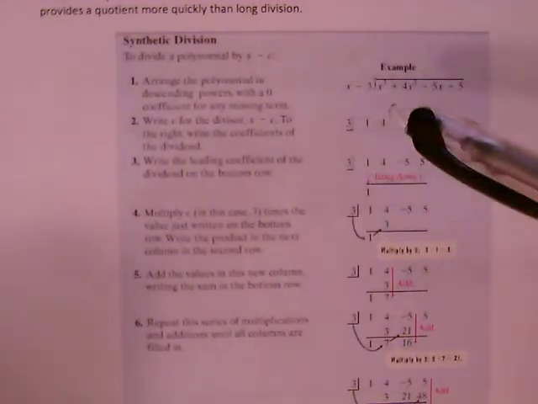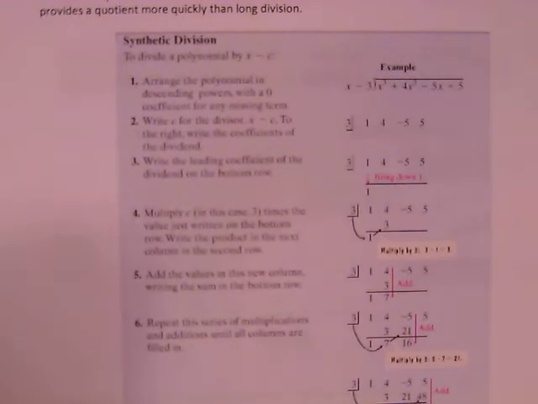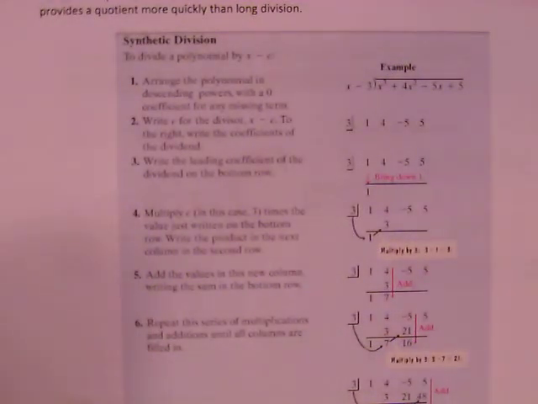Okay, so if you're missing something like an x cubed or an x squared, you have to compensate that with a 0 coefficient. And then you're going to write the divisor c for that divisor x minus c. So to the right, you'll write the coefficients of the dividend.